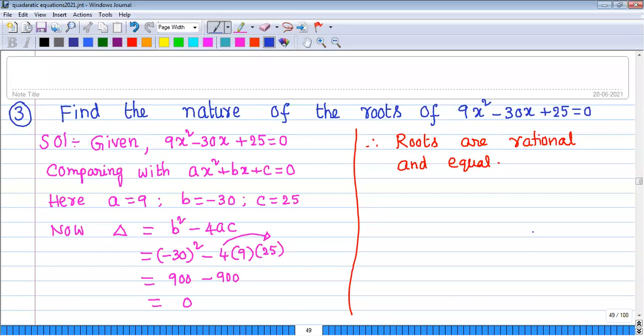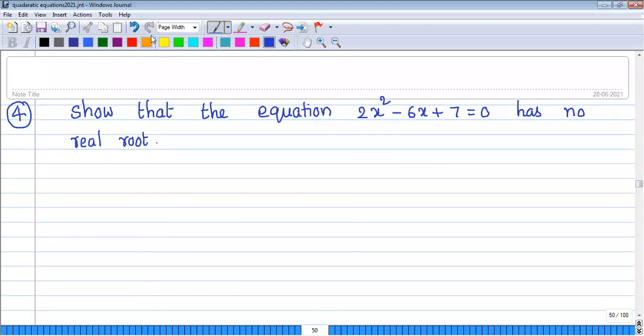Okay, sir. Right. So these type of questions also may be asked in the examination. It's very simple. Already given that we need to prove that no real root, means it is enough to prove that delta is negative. So we need to find out delta value. Given 2x square minus 6x plus 7 equals to 0.